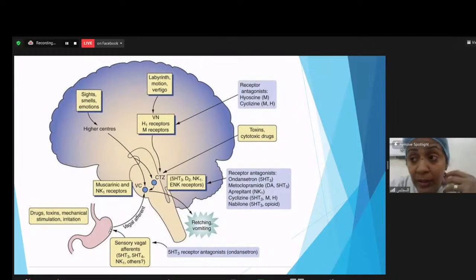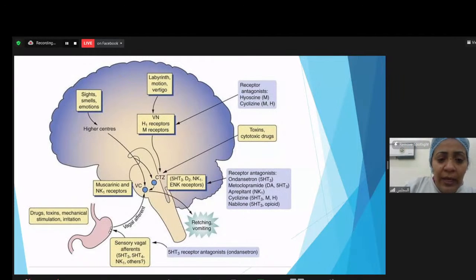If they see blood, they start being nauseated. For example, bad smells. If you come across a very bad smell, you start vomiting. All these sensory triggers come from these high centers directly to the vomiting center, and they trigger vomiting. So these three or four centers are involved directly or indirectly in the vomiting reflex.